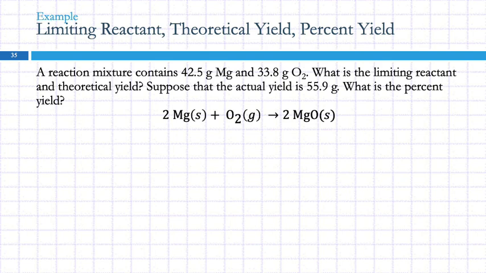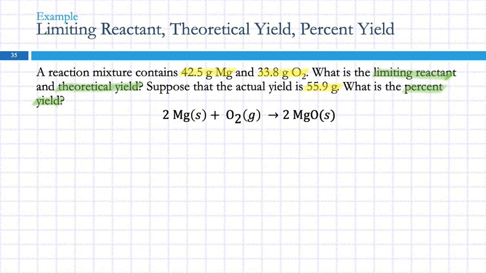So we've got our masses. We got 3 numbers, right? So we want to pay attention to those. And then we have our questions. We want to know what is the limiting reactant. We want the theoretical yield and the percent yield. Nothing like starting out small. Just going to go for all of it at once.